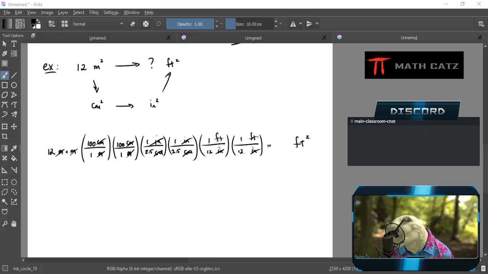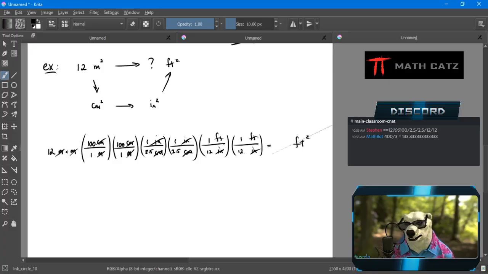Let us do it: 12 times 100 times 100 divided by 2.5 divided by 2.5 divided by 12 divided by 12. Very exciting. And we get 133 point something square feet.